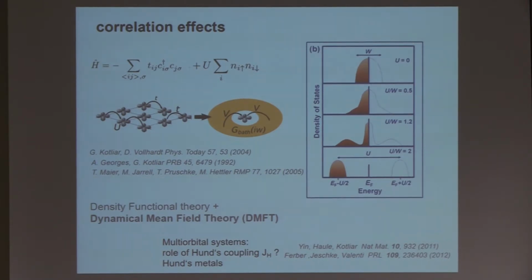Now, how do we deal with that theoretically? There is the dynamical mean field theory that was proposed a long way back by Antoine Georges, Gabi Kotliar, Dieter Vollhardt, and many other contributors to the field, where the idea is to include correlations in a non-perturbative way by substituting your interacting lattice with one atom in this lattice dynamically interacting with a bath.